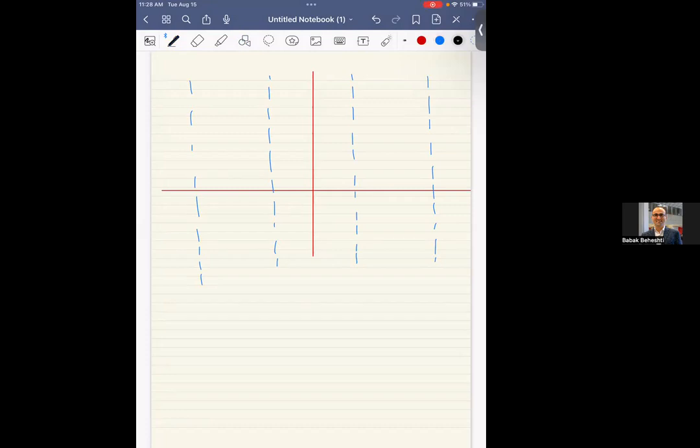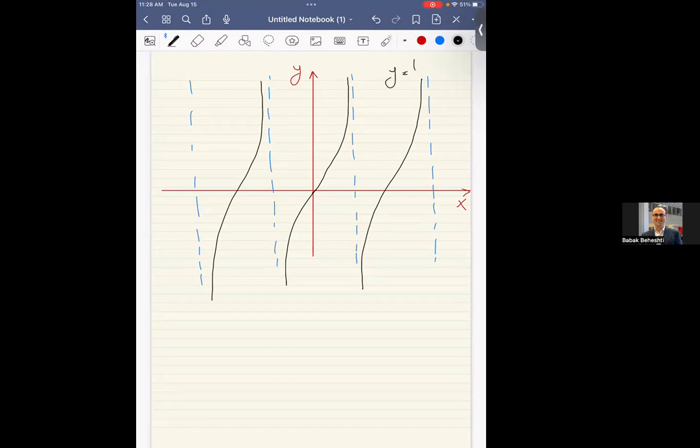And I'll tell you why. So first, let me just draw the graph of tangent. So this is the graph, y equal to tangent x.